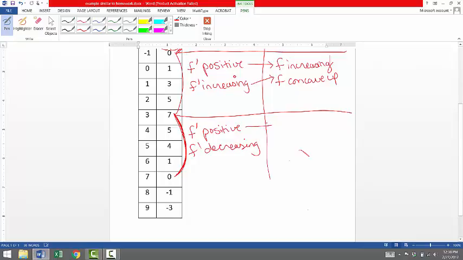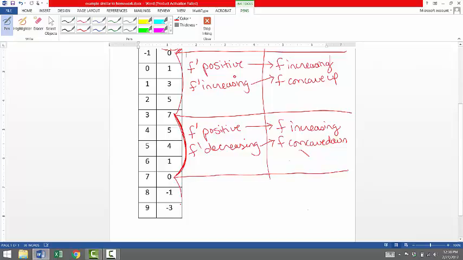F prime positive, slopes of f are positive, so f is increasing. F prime is decreasing, so that means f is concave down. So on that interval, the function f is both increasing and concave down.